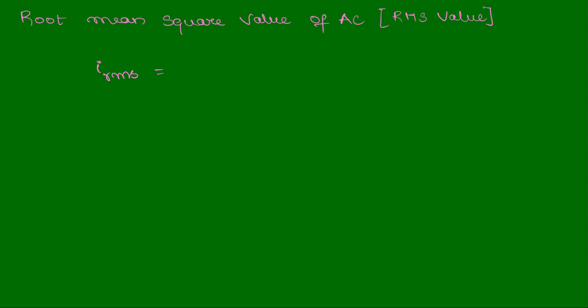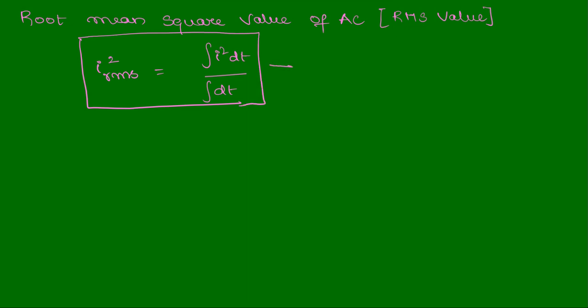I RMS will be equal to the integration of I square dt by the integration of dt, under root. So generally this is our formula, but we'll write it like this: I RMS square will be equal to the integration of I square dt by the integration of dt. So at the end, after solving that integration, we can take the square root.